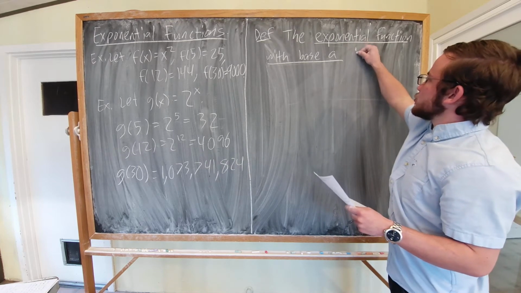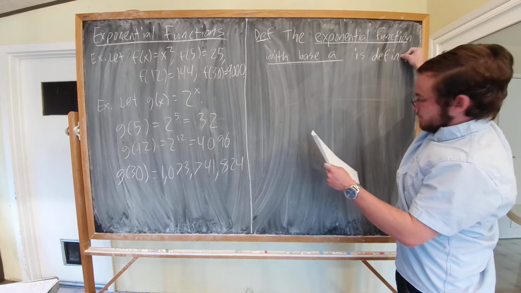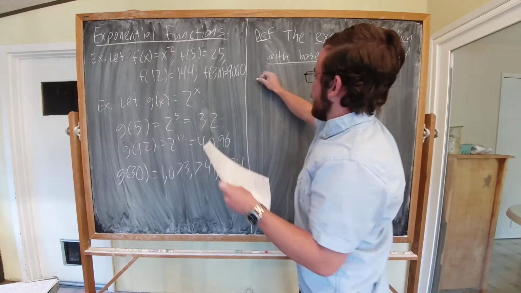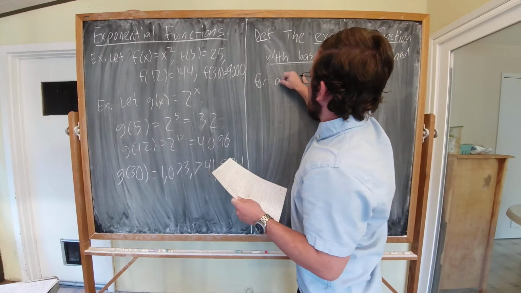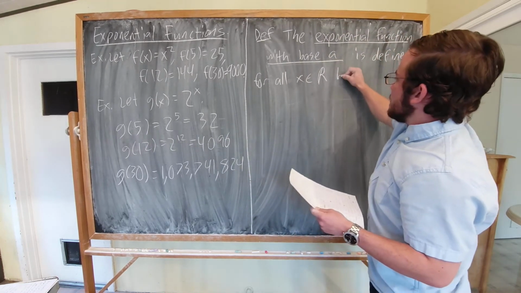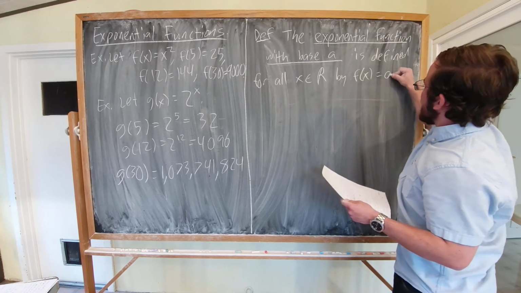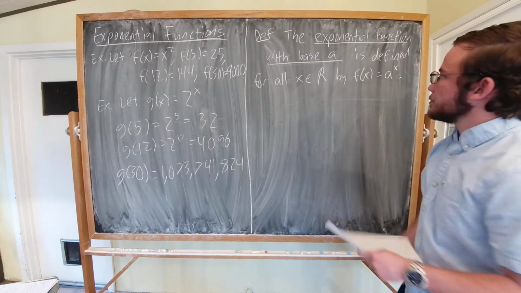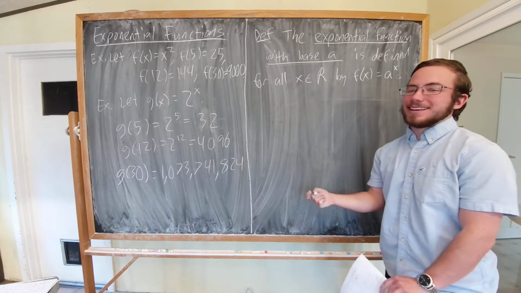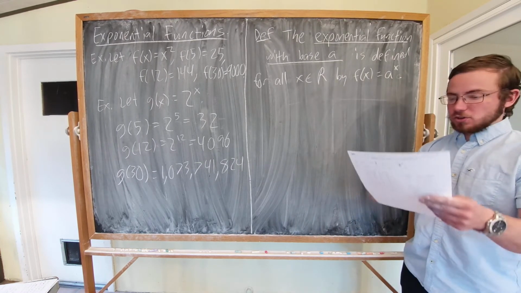So, the exponential function with base a is defined for all real numbers, so all x in R, by f of x is equal to a to the x power. Okay, makes sense. Exponential function with base a is your base, x is your exponent.